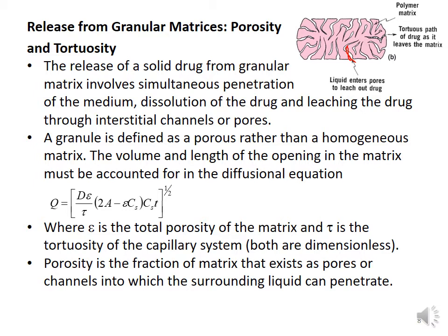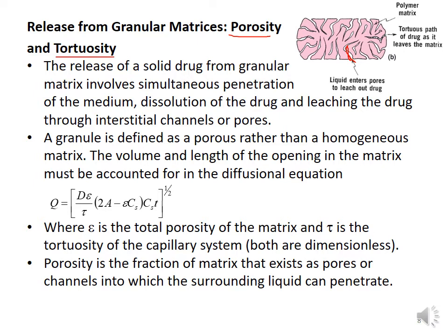So we need to define porosity and tortuosity in heterogeneous systems. Porosity is a measure of empty spaces in a material, and it is the fraction of the volume of voids over the total volume. Porosity is between 0 and 1. And tortuosity is a property of a curve being twisted.